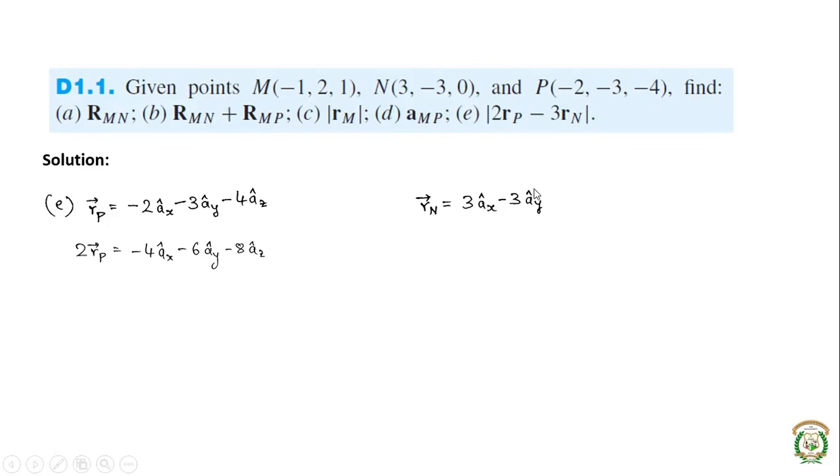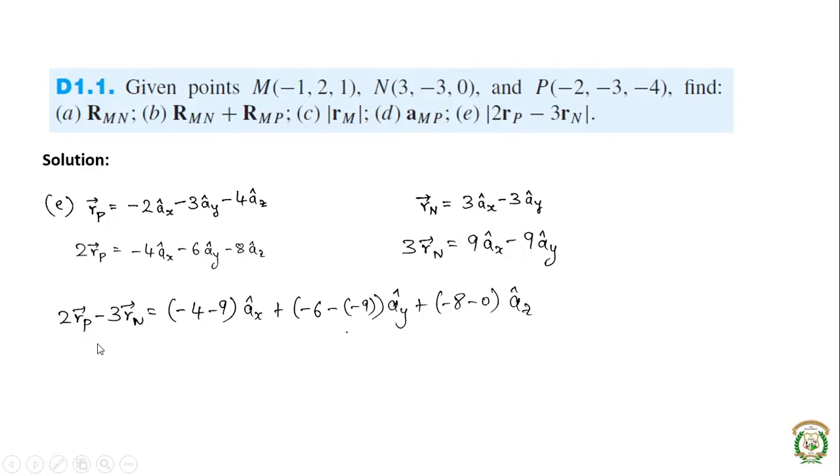Similarly, Rn is 3Ax - 3Ay. If you multiply this by 3, you will get 3 into 3 is 9, 3 into 3 is 9. So it is 9Ax - 9Ay. Now we need to find the difference, 2Rp minus 3Rn. Just subtract this from this.